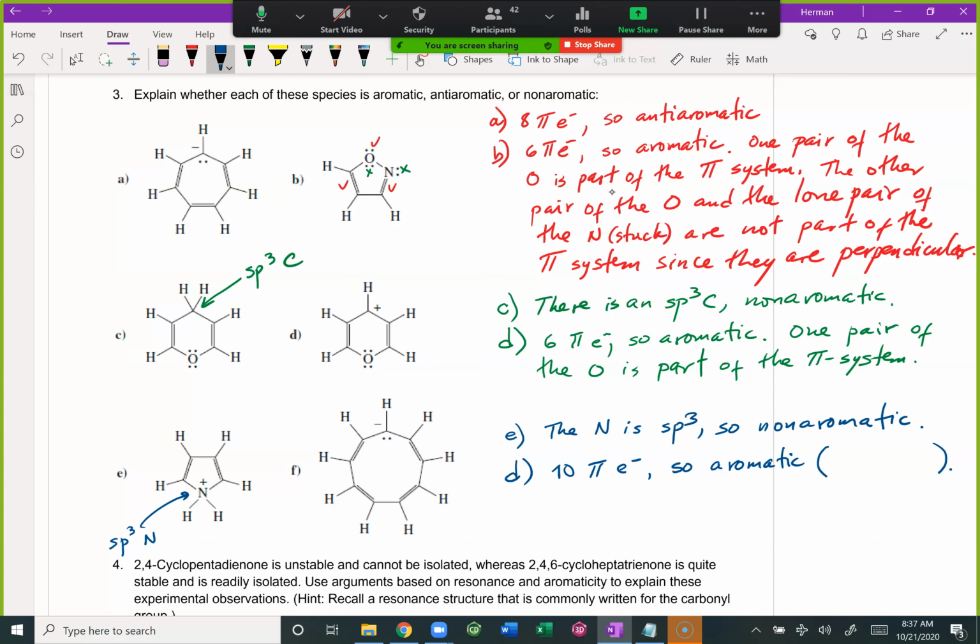So unless that is perfectly flat on the tray, we will never know if it's planar, right? So it needs to be planar. If this molecule happens to be planar, then yes, it's aromatic. If it's non-planar, then we'll say it's non-aromatic. All right, but we don't know that information.